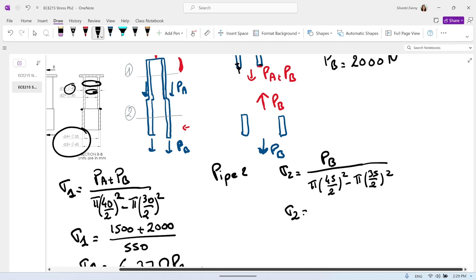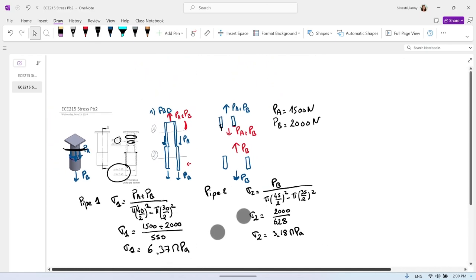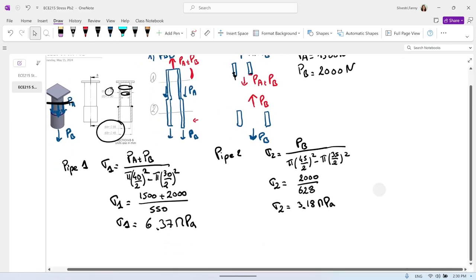So we got sigma 2 equals PB, which is 2000, over the surface of the pipe number 2, which I got as 628 millimeter squared, so sigma 2 equals 3.18 megapascal. So here are my answers.